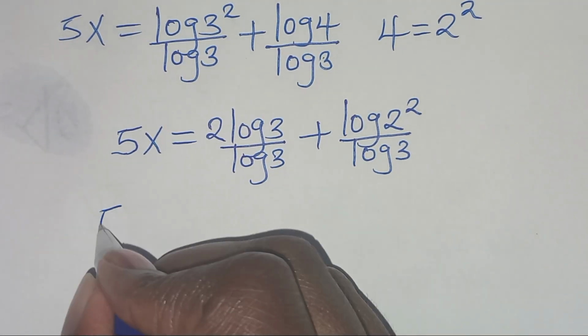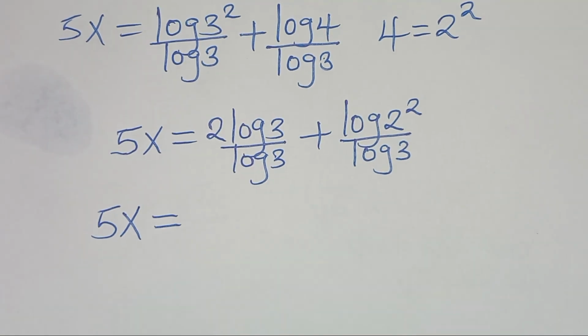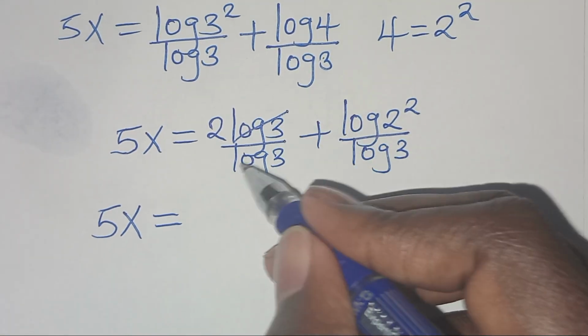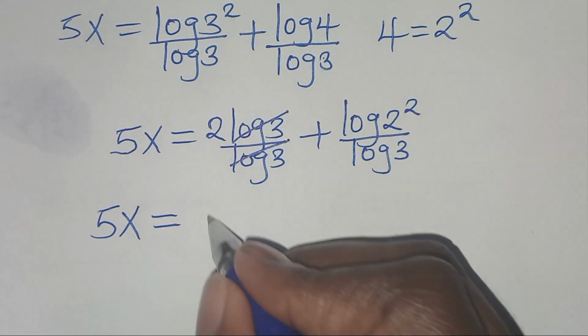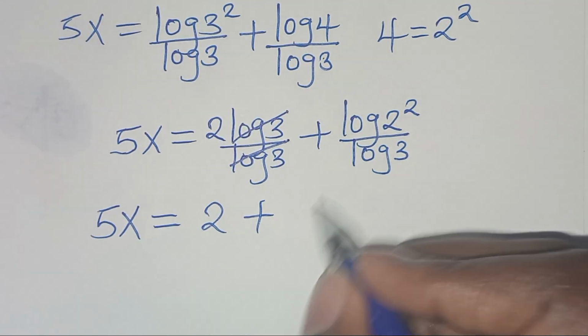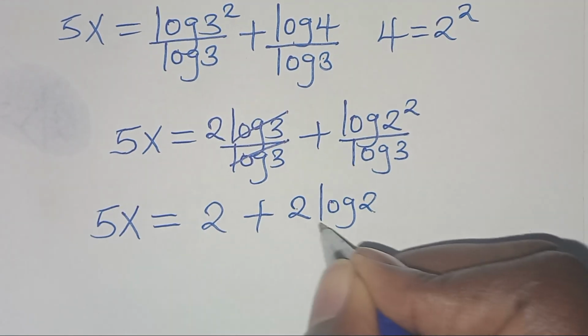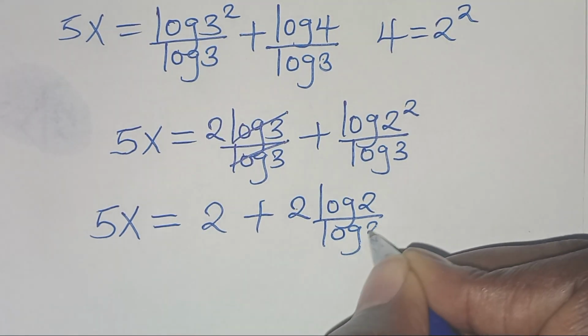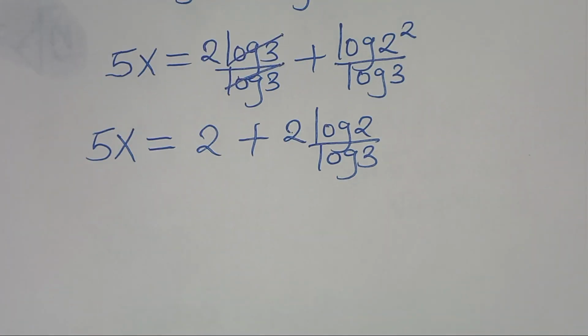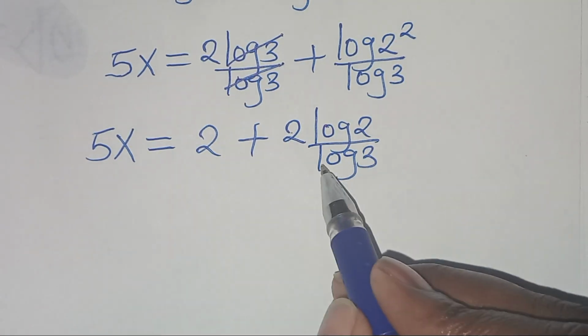So here we have 5x is equal to 2, since log 3 and log 3 simplify, plus log 2 to the power of 2 becomes 2 log 2 divided by log 3. So we have that log 2 over log 3.